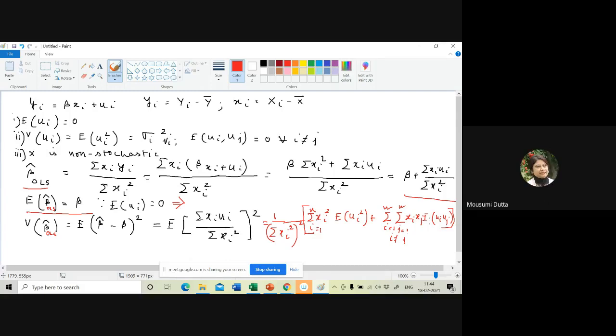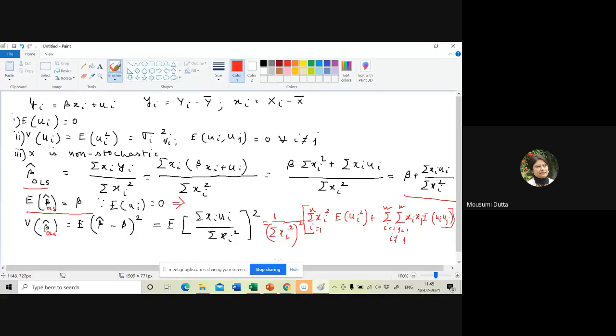No, ma'am. So now I'll follow the assumptions. Expectation of ui square is equal to sigma i square, and expectation of ui uj is equal to 0. So the second term will vanish as expectation of ui uj is equal to 0.